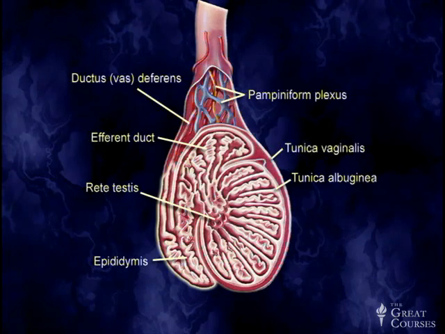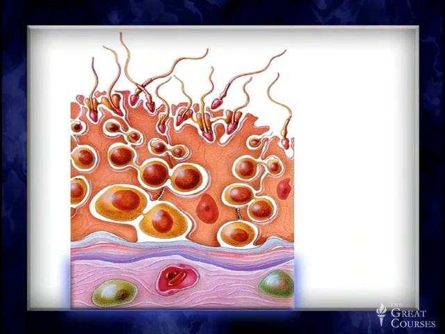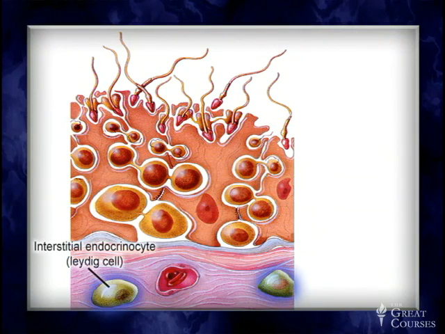If we look at the next slide, this is the outside, and then we have some smooth muscle here. Here's a capillary, and we have a bunch of cells here that you might want to look at first. This is called an interstitial endocrinocyte.